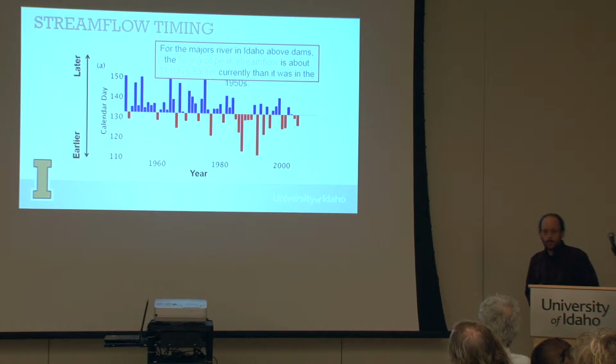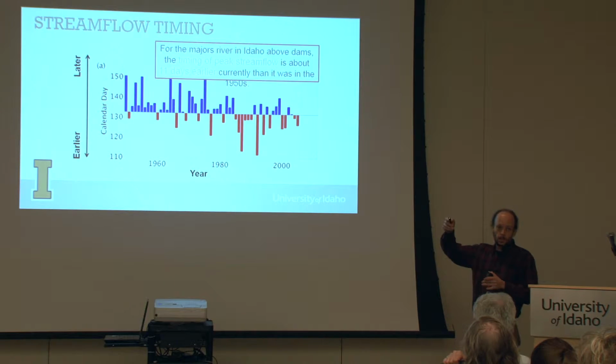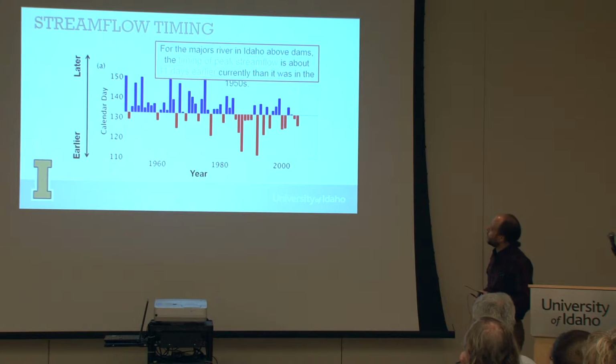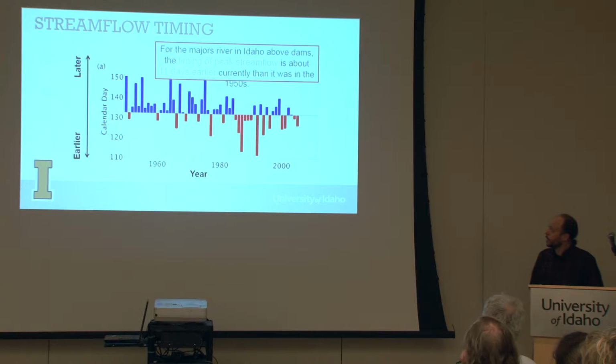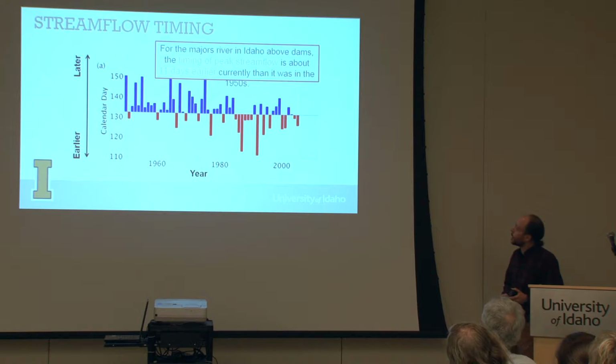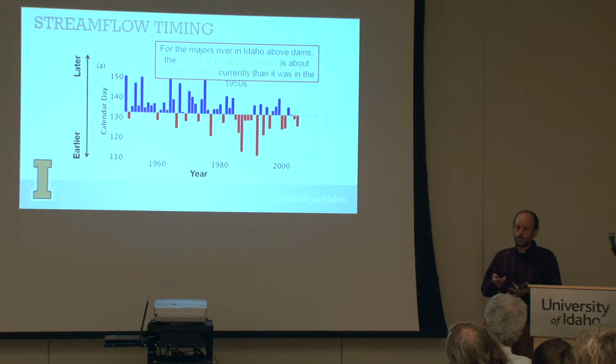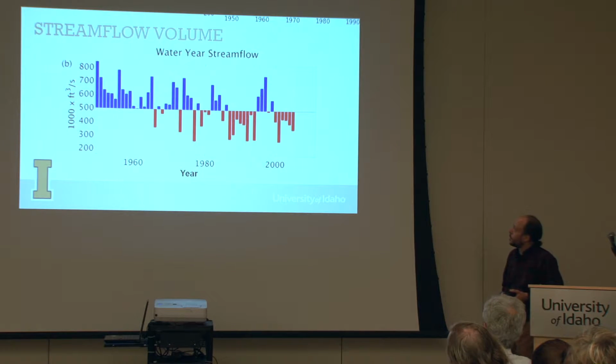If we look at the major river basins throughout Idaho, and it varies quite a bit by basin because some are very high and cold, others are lower down and warmer, what we see for the major rivers in Idaho is the timing of peak flow being about 11 days earlier than it was in the 1950s. So water is moving out of the system about 2 weeks earlier. And that has some real implications for aquatic species, for irrigated agriculture, for water resource use.